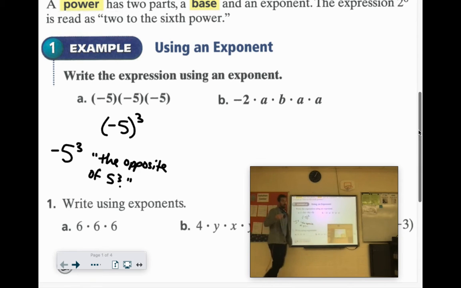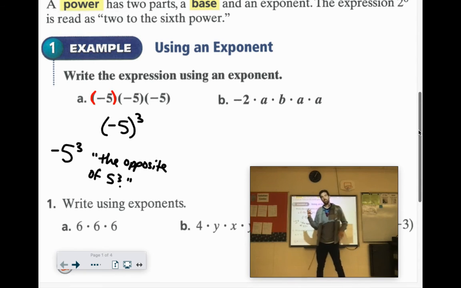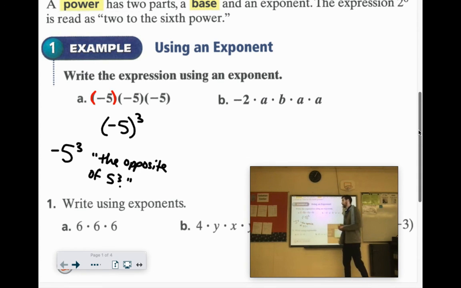Now, 5 to the 3rd power is 125. So if I said, like, figure out this actual number, they both work out to negative 125, but it's very important when you are writing it to an exponent that you put it in parentheses if it is negative.